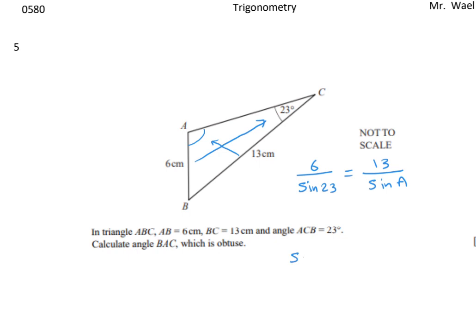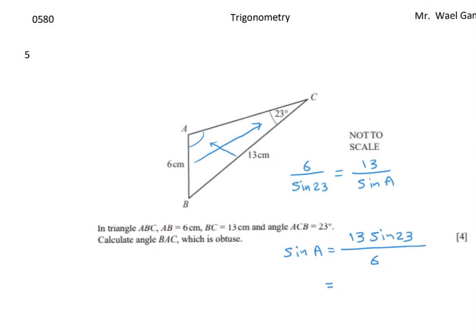So sine A equals 13 sine 23 over 6. So what is the answer?